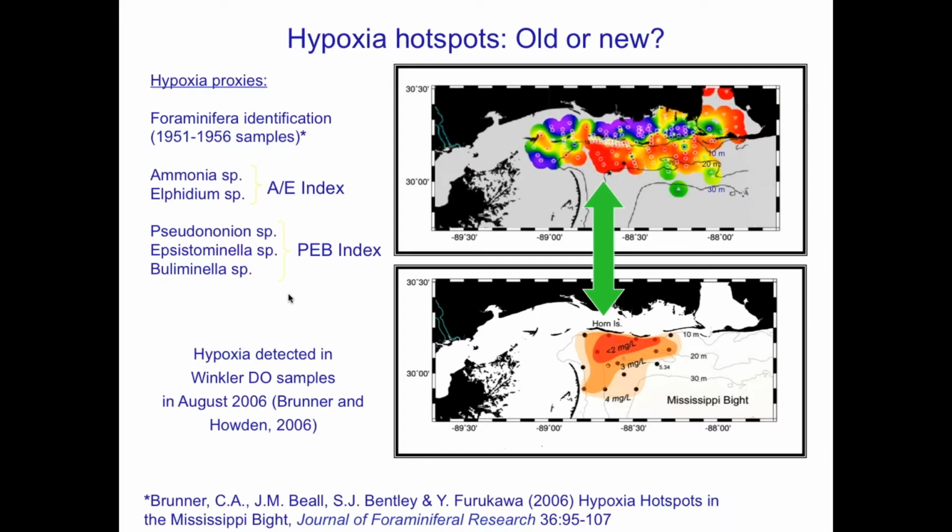And the red region is an area where there was a predominant number of forams that are hypoxia tolerant. And at about the same time as she was working on that result, the two of us went out and did a little survey of bottom water hypoxia in August of 2006, and found a region of bottom water hypoxia that matched up pretty nicely with what the sediment cores had shown.